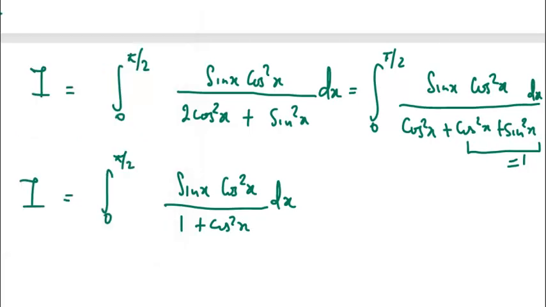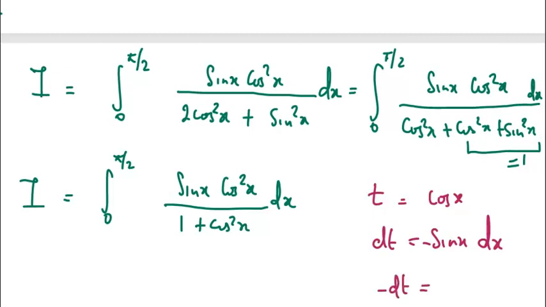We're going to let t equal the cosine of x, and we know that dt is going to give us the negative sine of x dx, which also implies that negative dt is equal to sine of x dx. We're lucky that we have sine of x and we have dx.